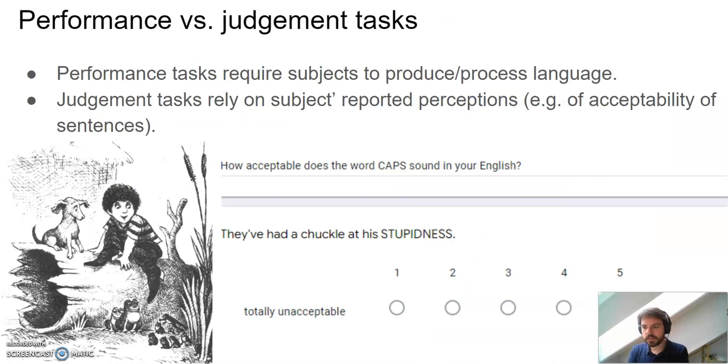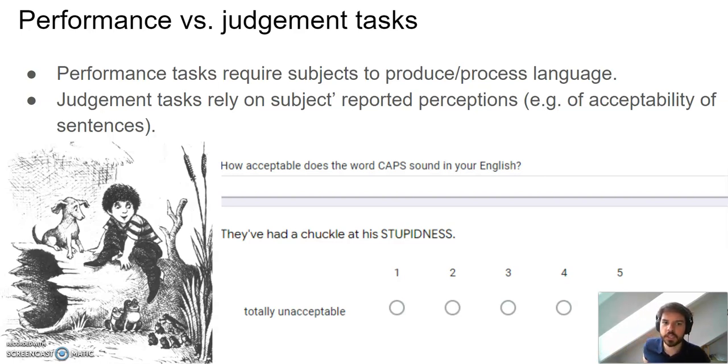A related classification that is, however, not the same classification is the distinction between performance and judgment tasks. So this is really about what you ask your speakers to do, what kind of task they need to complete.